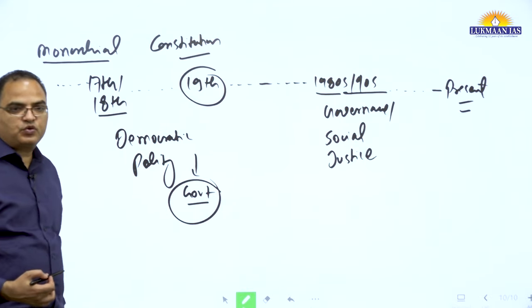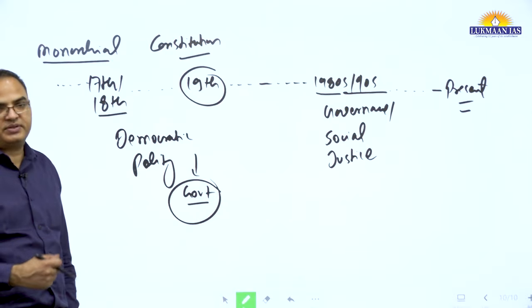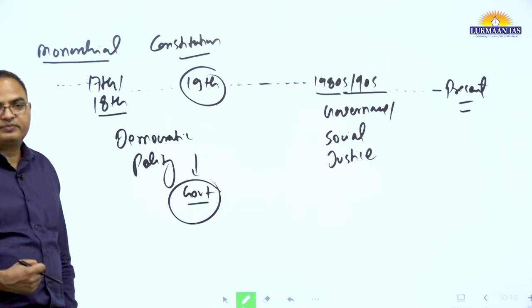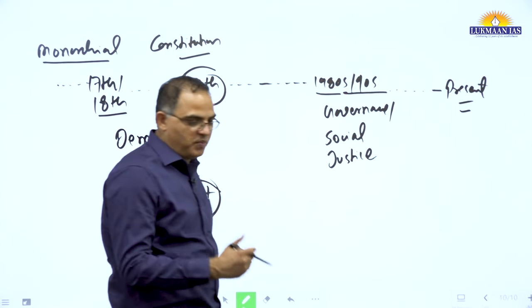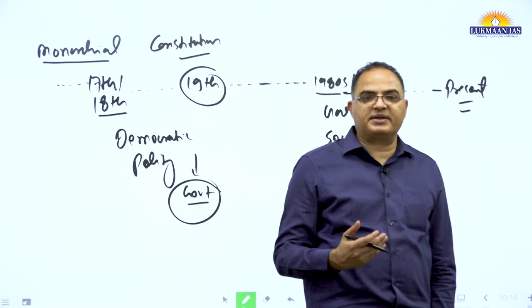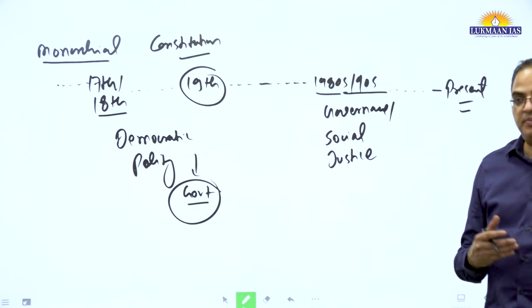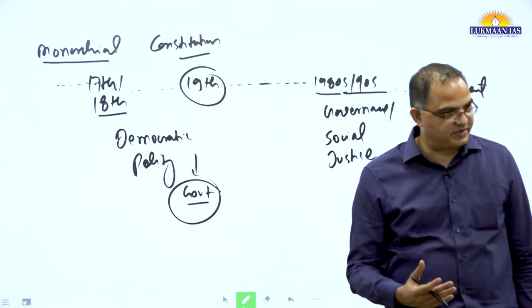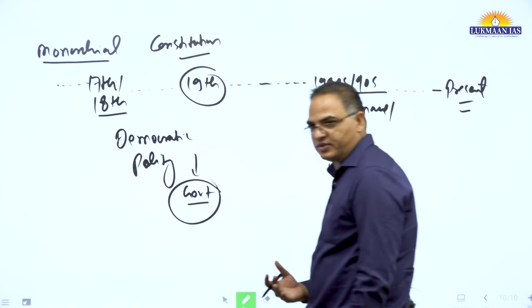Like our constitution. Which institution is responsible for implementation of the constitution? Government. Isn't it? It is the government which is responsible to implement the constitution. It is the government which is responsible for governing people and fulfilling their aspirations. We don't say it is judiciary which is responsible, we don't say it is legislature.